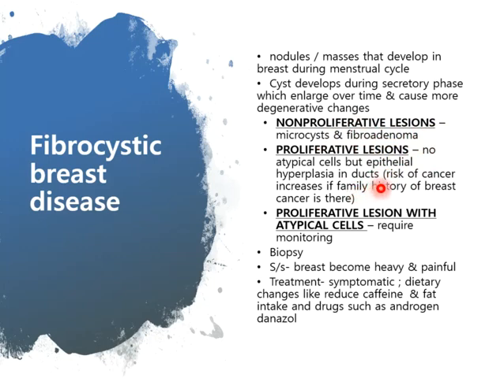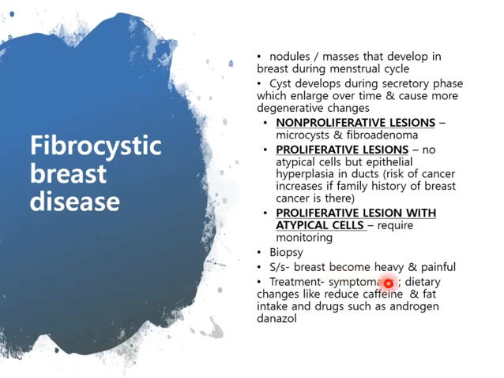There are ducts in the breast lined by epithelium, so that epithelial lining will be hyperplastic, increased. The risk of cancer only increases in these cases if there is an associated family history of breast cancer. There is a third category, proliferative lesion with atypical cells, and they definitely require monitoring. The diagnosis is done by biopsy.